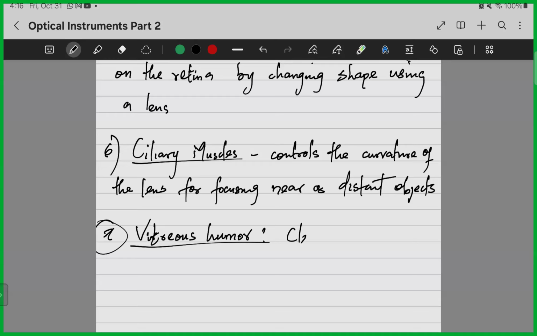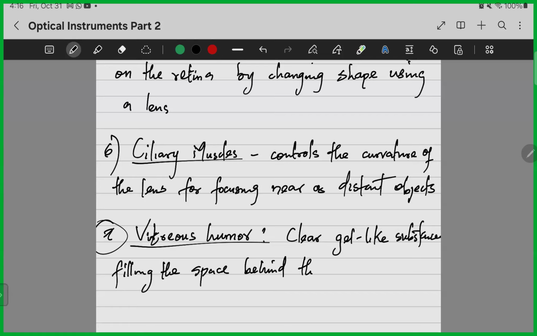It is the clear gel-like substance filling the space behind the lens that maintains the eye shape. You can say that maintains the eye shape, or you can replace that with "and it maintains the eye shape."